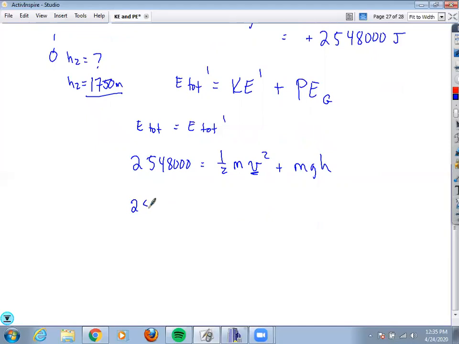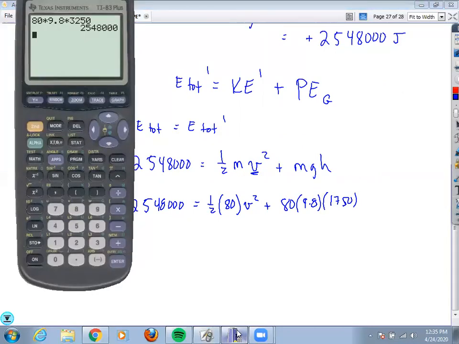So 2,548,000 equals 1/2 times 80 kilograms times V squared plus 80 times 9.8 for gravity times 1750. Okay, so all I'm going to do to save time is subtract that from 2,548,000.